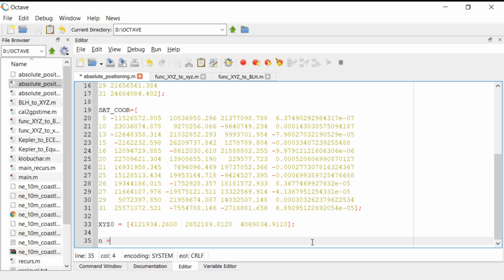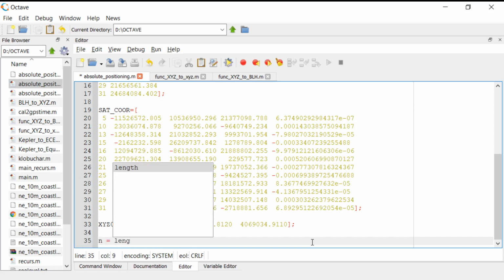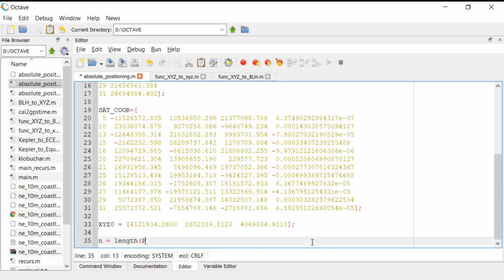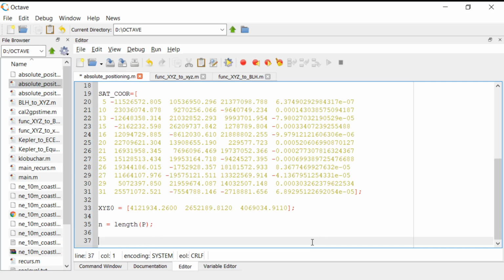First, let's find the length of our observations. We have 12 observations, and if we obtain the length, we can make some for loops, for iteration. That's why we need the number of observations.